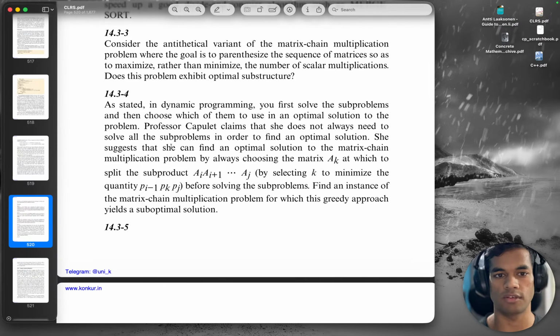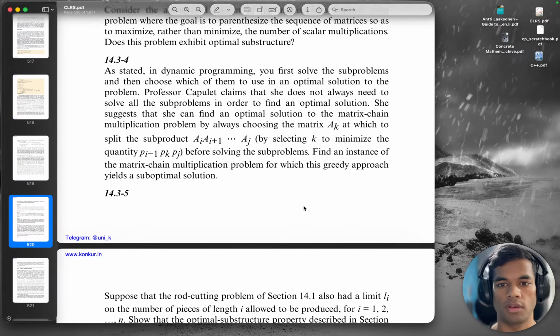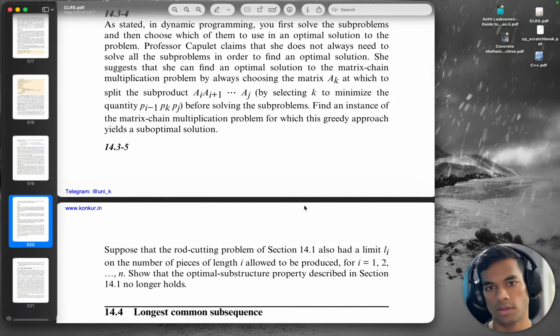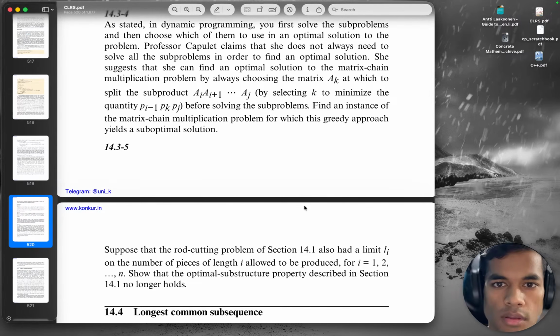She suggests that she can find an optimal solution to the matrix chain multiplication problem by choosing the matrix AK at which to split the product by selecting K to minimize the quantity before solving the subproblems. Find an instance of the matrix chain multiplication problem for which this greedy approach yields a suboptimal solution.